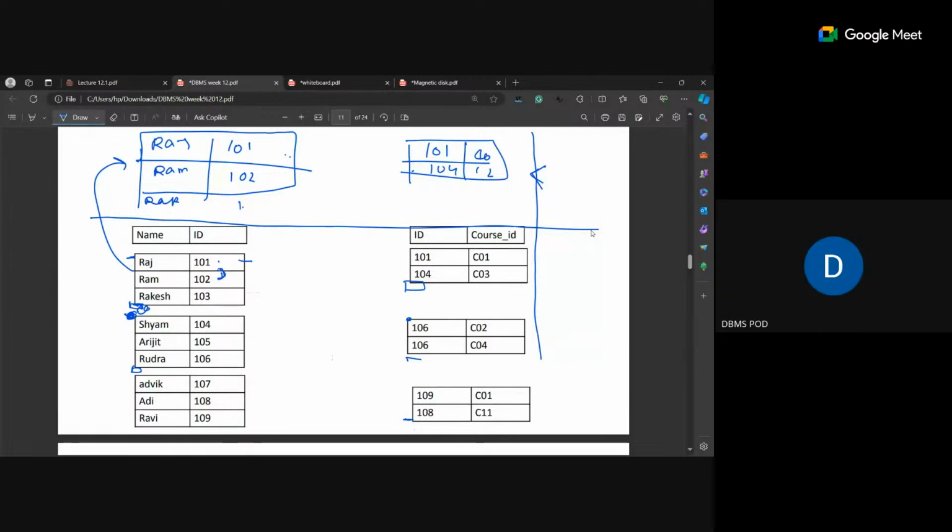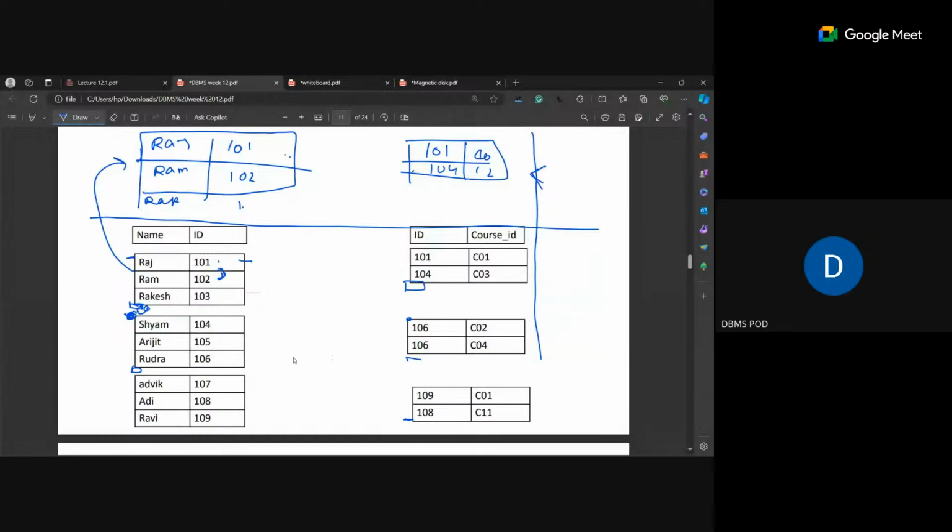But when it goes sequentially, we need just one seek time. That's why it is NR plus BR, the number of blocks.